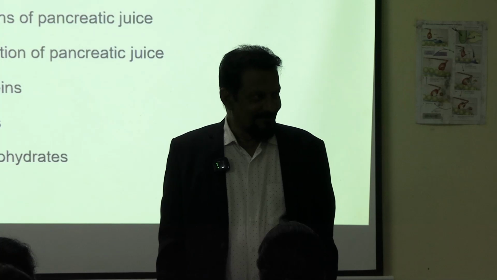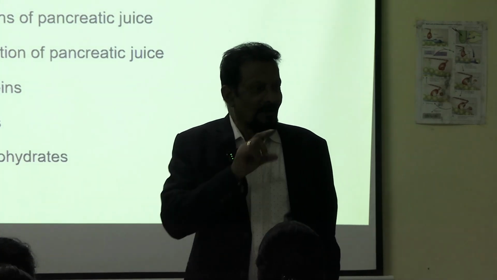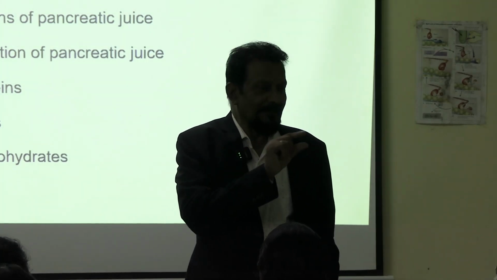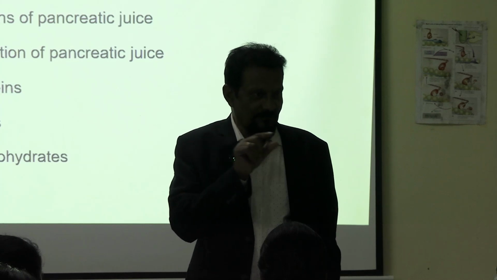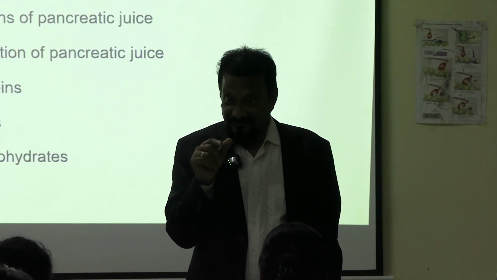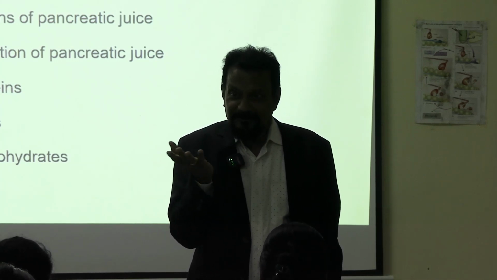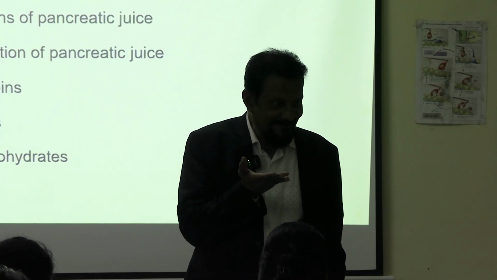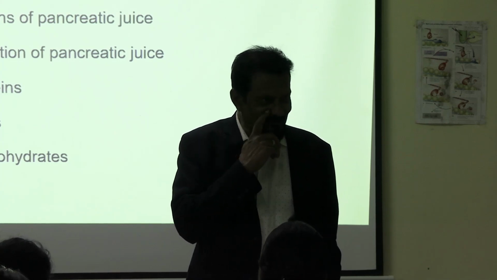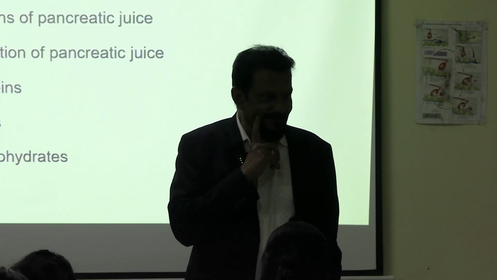Okay, so I am eating the tissues of mutton, of chicken. There will be elastin and collagen, which also need to be digested.